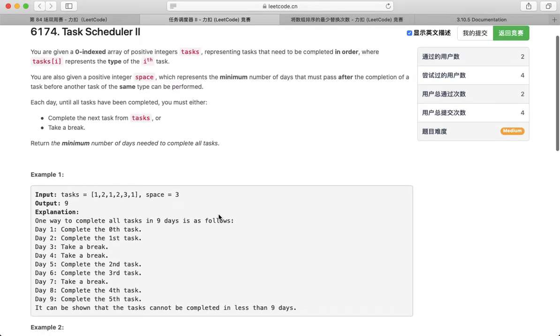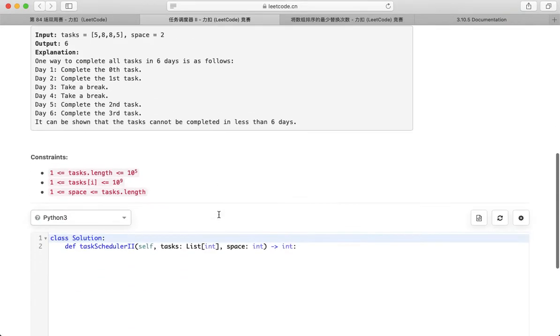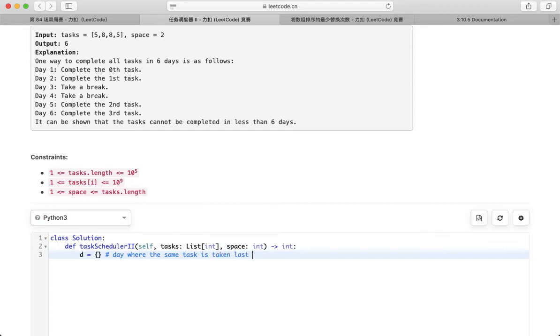And each task can be completed in a day. So we have a dictionary, which is days of the day where the same task is taken last time.